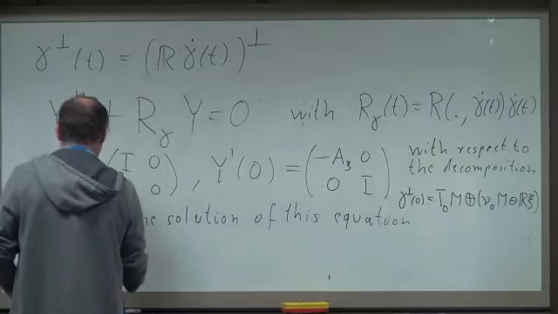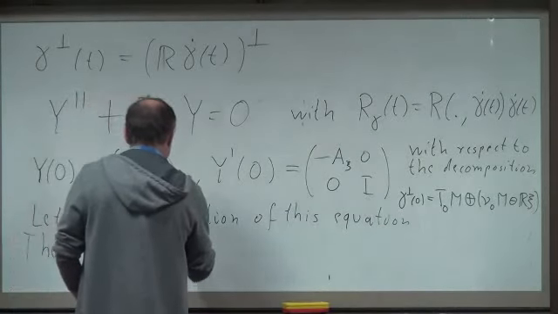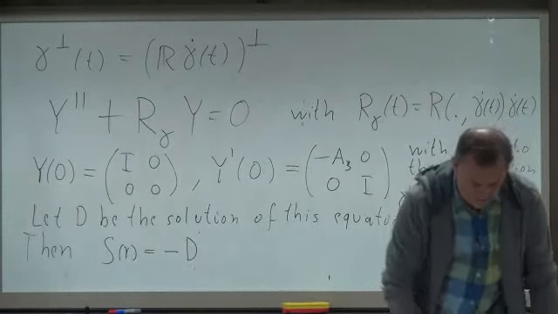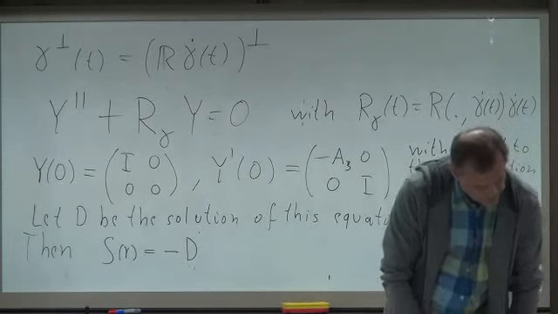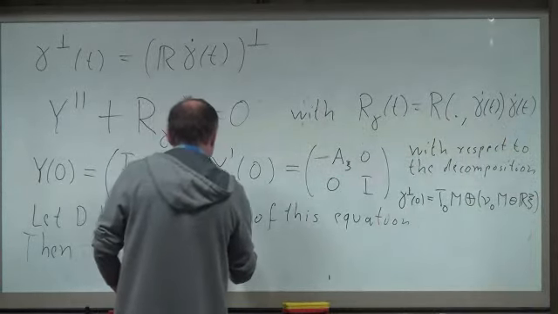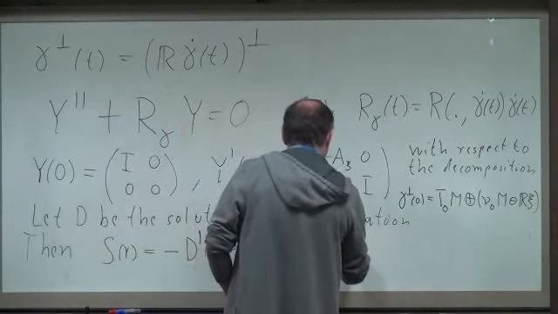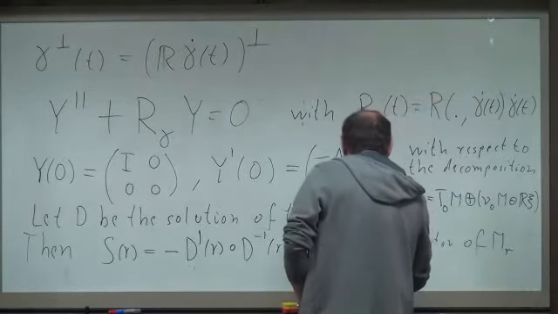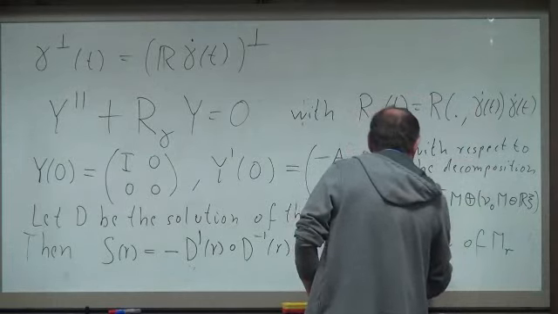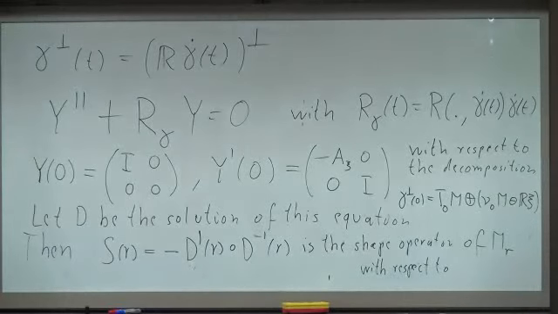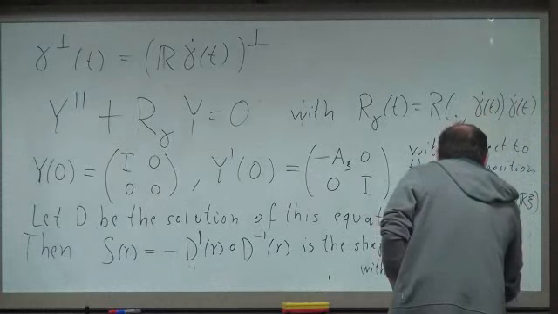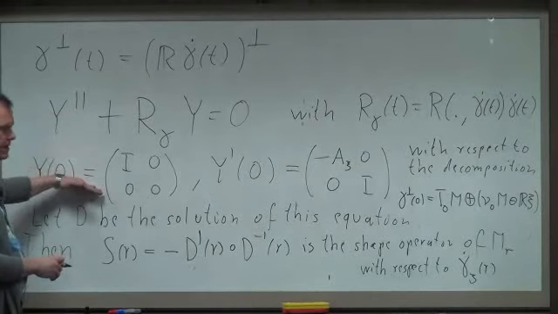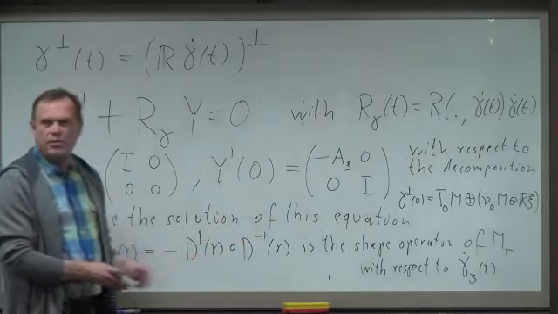Then S of R equals minus D prime of R composed with the inverse of D of R, which is the shape operator of M_R with respect to this normal vector gamma dot of R. So what one needs to do is solve the second order differential equation, work out the inverse and the derivative, compose this, and one gets the shape operator.